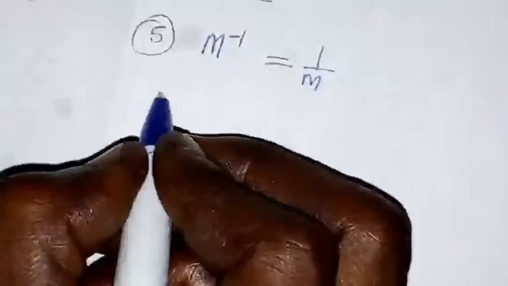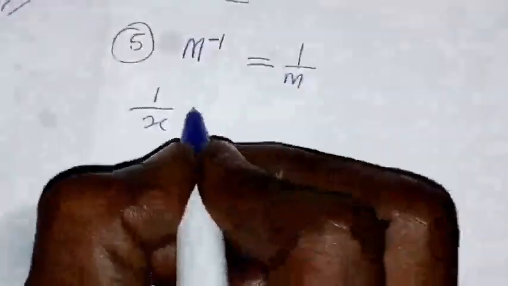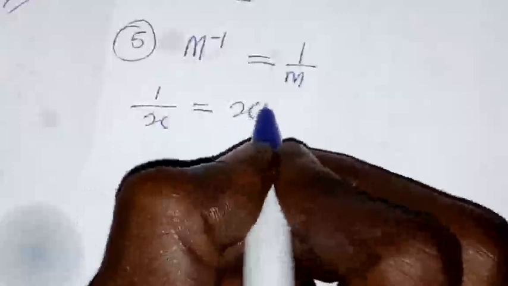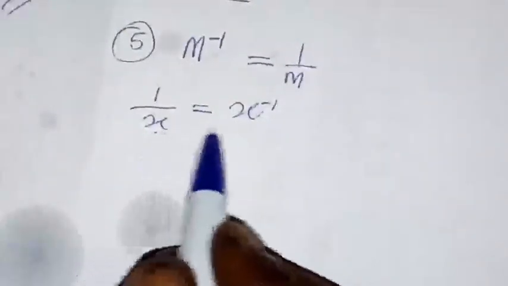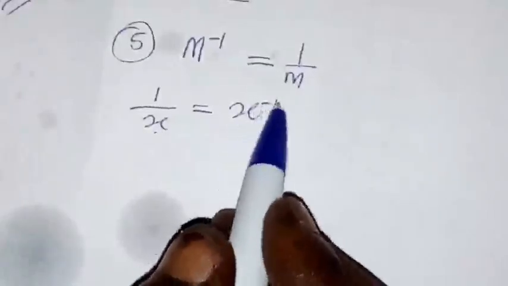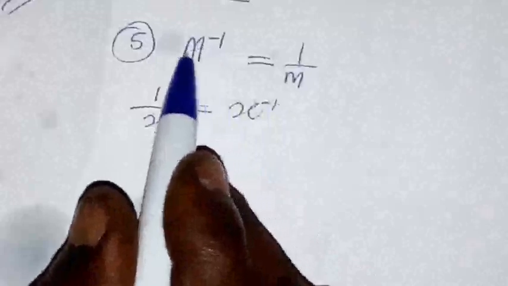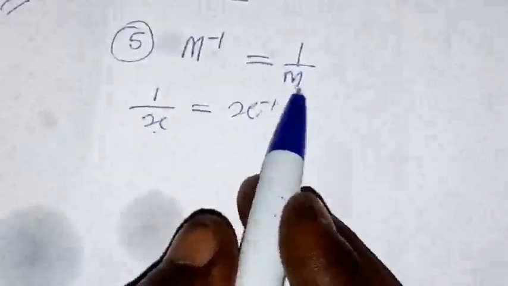At the same time, if I have 1 over x, this can be expressed as x power of minus 1, meaning that 1 over a number is the same thing as that number power of minus 1. Or when you have any number power of minus 1, you can express it as 1 over that number.